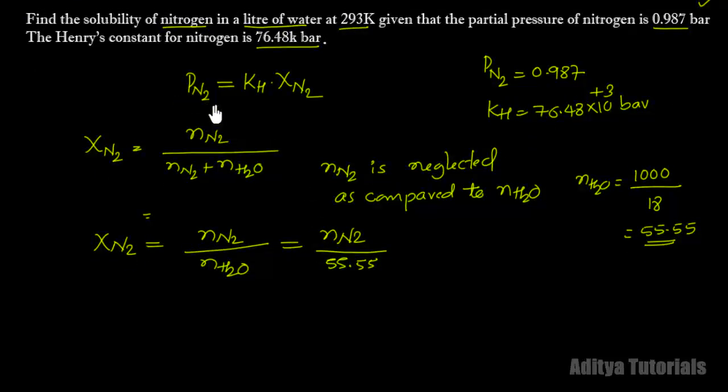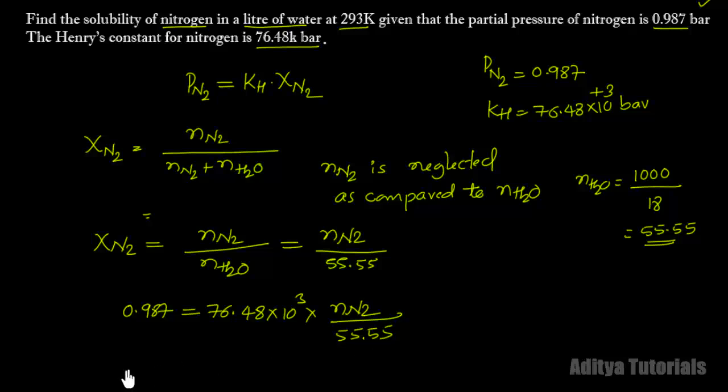Here we substitute the values. The partial pressure 0.987 is equal to the KH value, 76.48 into 10 to the power of 3, into the mole fraction, that is the number of moles of nitrogen divided by 55.55.